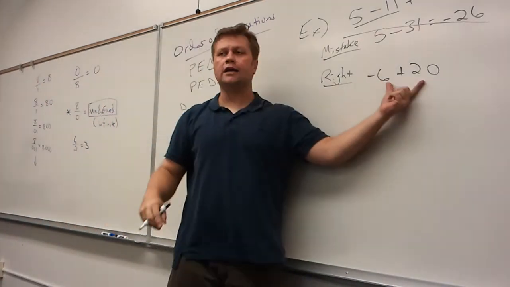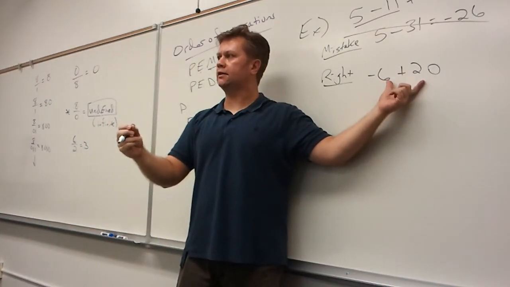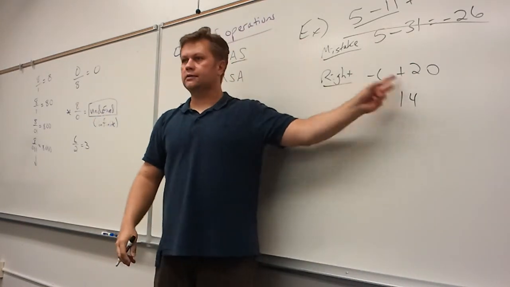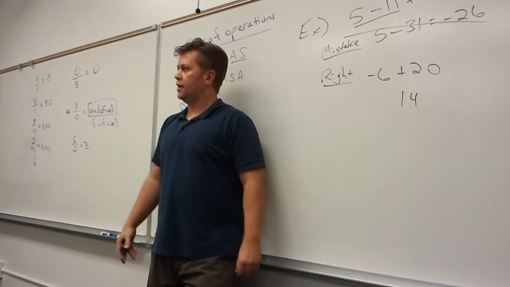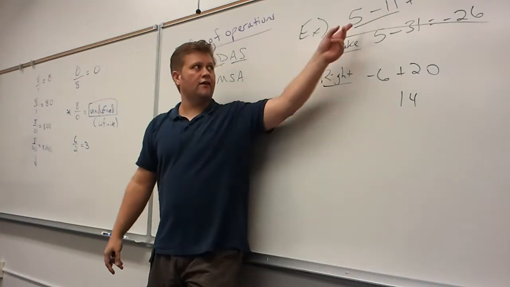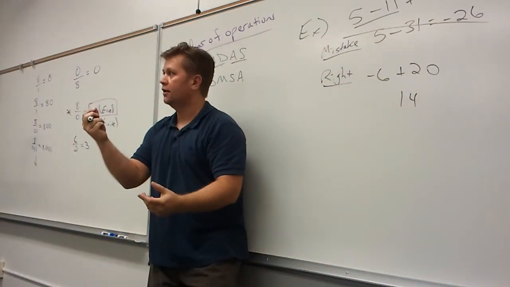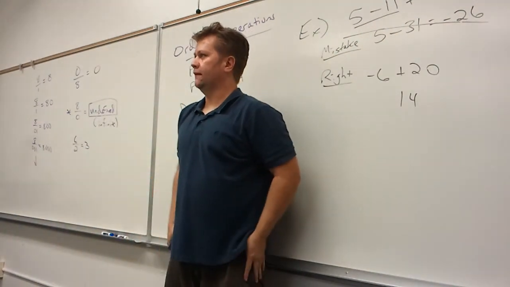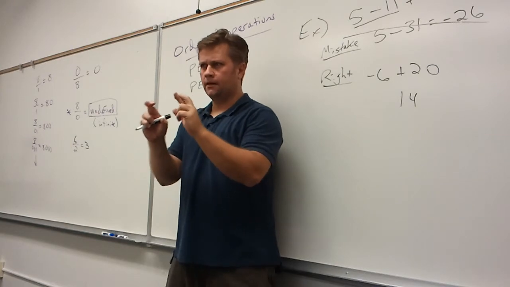Remember, when they're different signs, you subtract them. 20 minus 6 is 14, and you put the sign of the bigger one, positive. And that jives with real life. I owe you $11, I got $5, but I find a $20 bill. I should have some money left over, not be 26 bucks in the hole. Doesn't make any sense. How we doing?